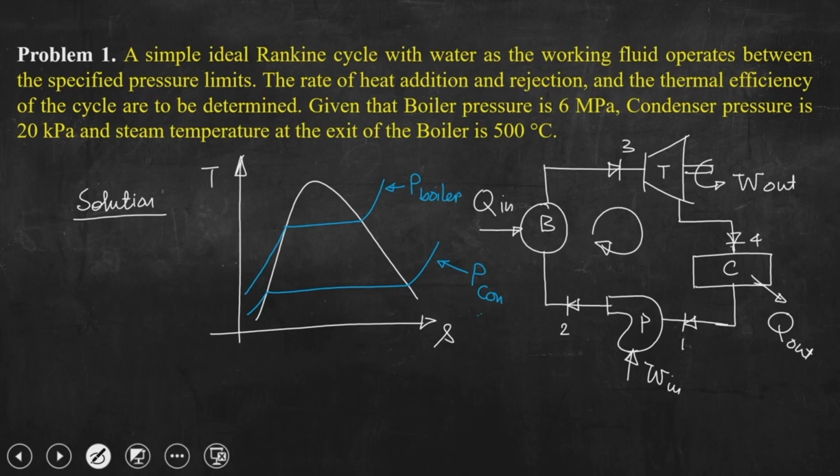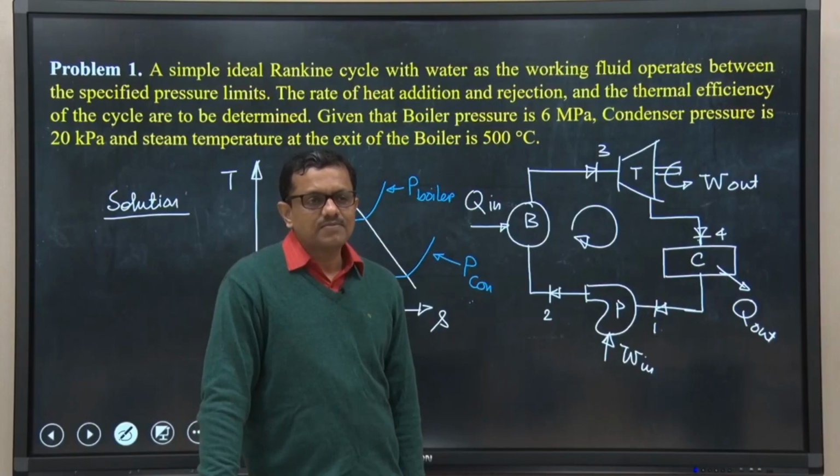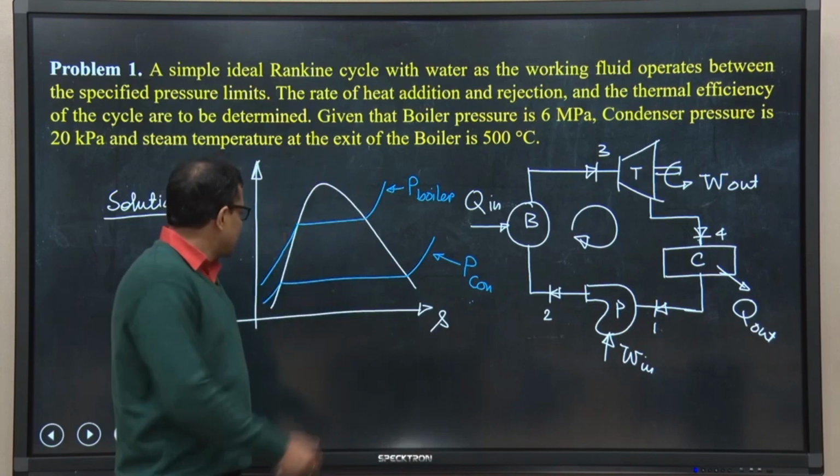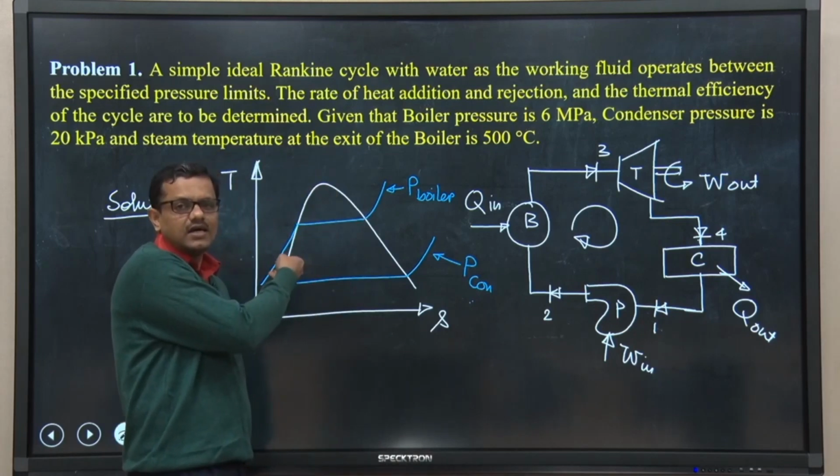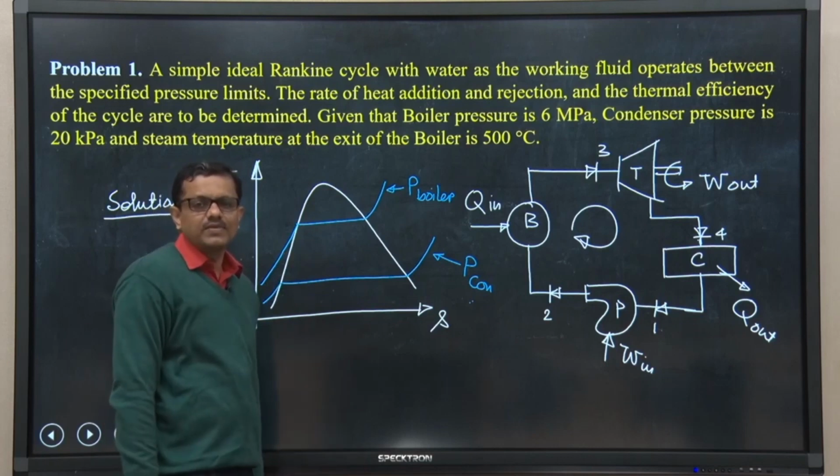So, that is the most simple cycle, just a modification of the Carnot cycle, because in the Carnot cycle we have seen that there are issues like partial condensation, and finally handling such a two phase mixture, a pump cannot be used.